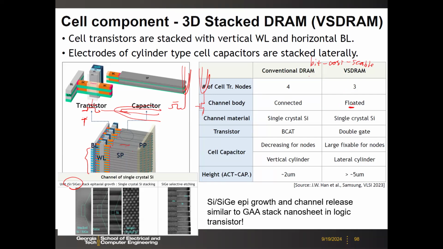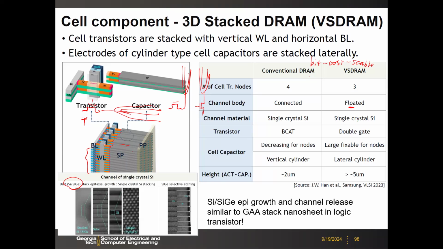Basically, it's like FDSOI. You do not have your substrate, then you have hole generation. The holes will be accumulated in the body. That will raise the body potential. So you may have this kind of problem. This is still under research. You have to basically minimize the floating body effects in this kind of design.